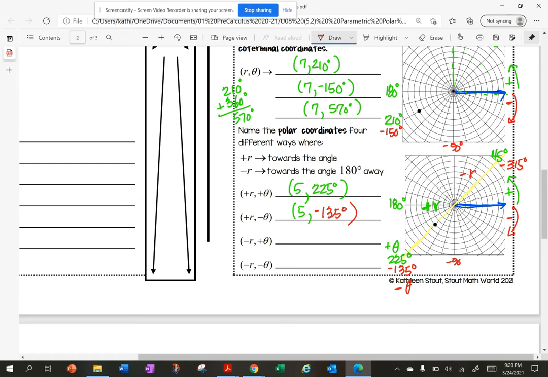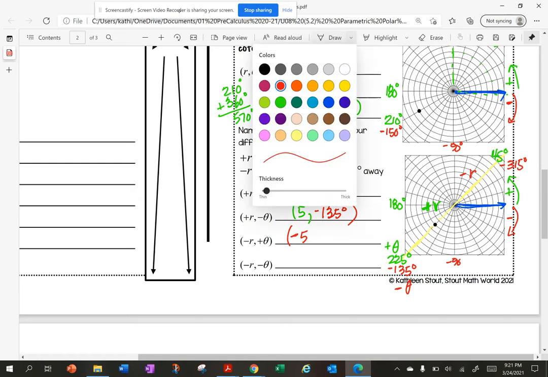Now let's talk about this in terms of negative R. So over here, this is negative 5. I'm talking about this axis over here. In the positive rotation, the 45 is the positive rotation.